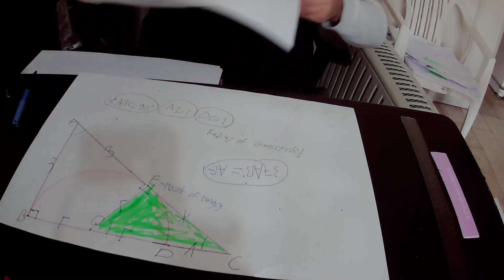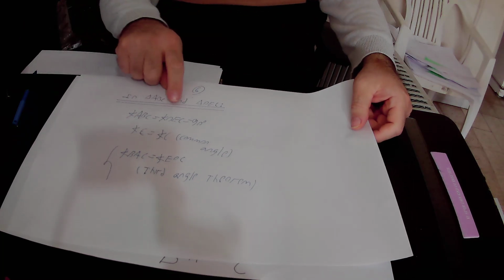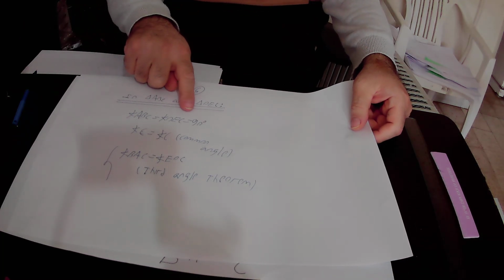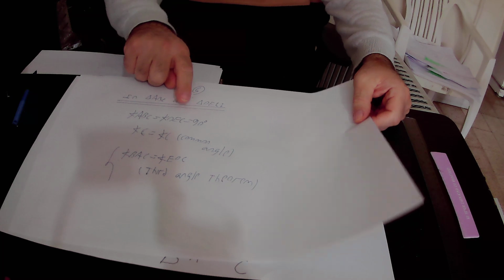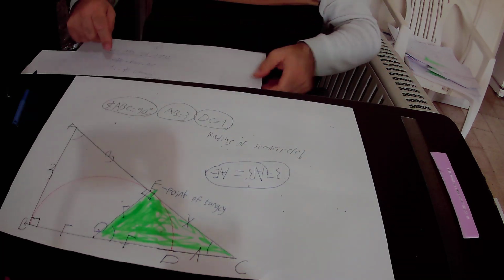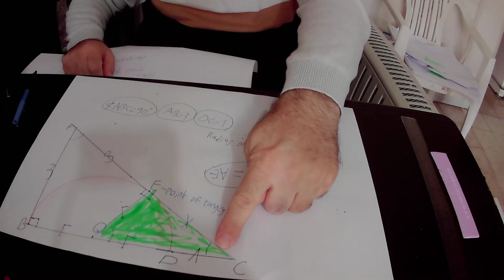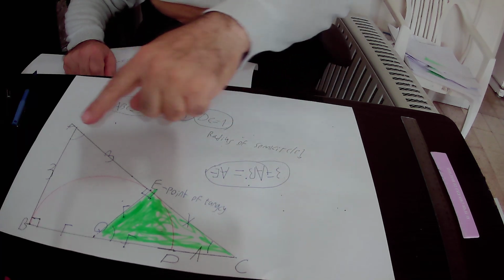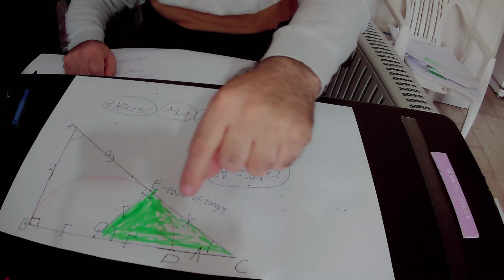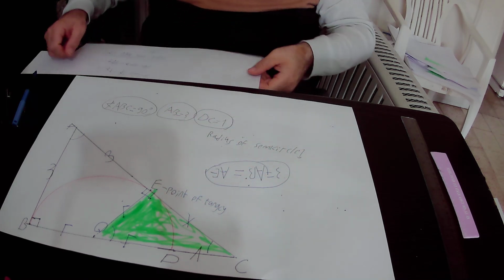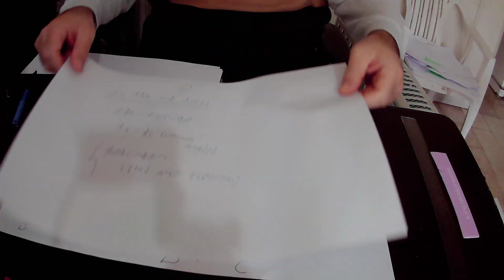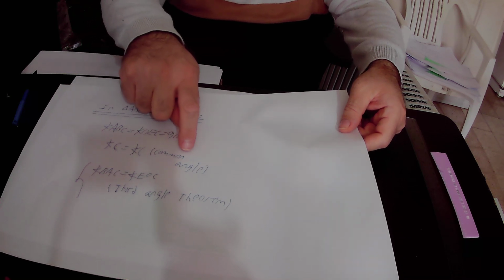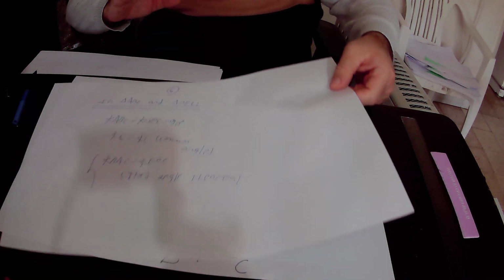So angle ABC equals angle OEC equals 90 degrees. And we also know that angle C is a common angle. It belongs both to triangle ABC and to the green triangle. So we can write down that angle C equals angle C.